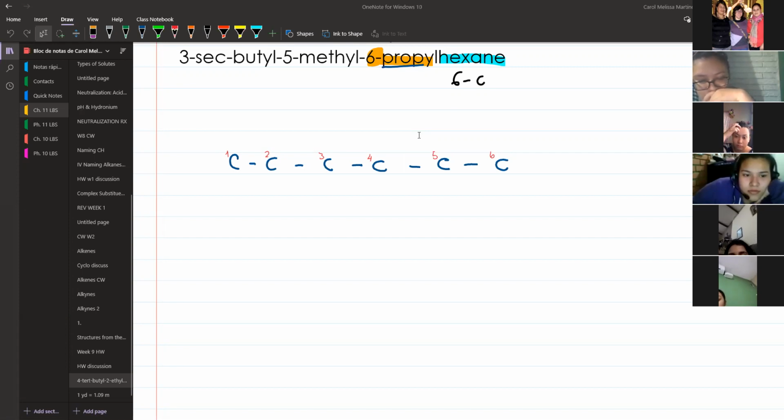In position 6, carbon, carbon, carbon. I finish with that, so I continue now with 5-methyl. In position 5, I will locate methyl.